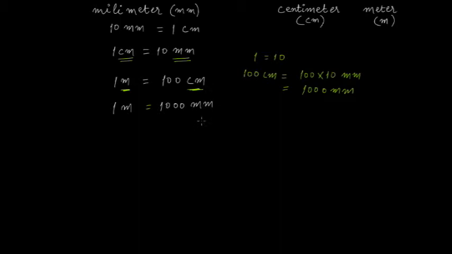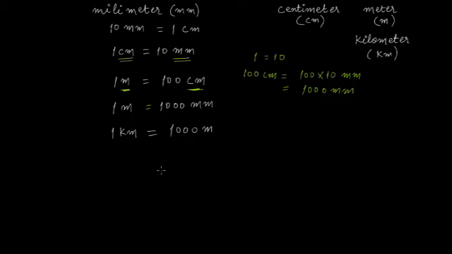Now, one more unit larger than meter is kilometer, and the abbreviation for this is km. So 1 kilometer is equal to 1000 meter.